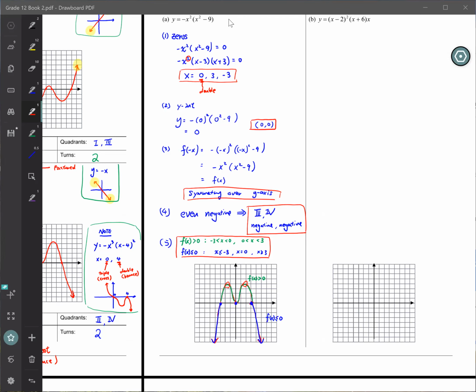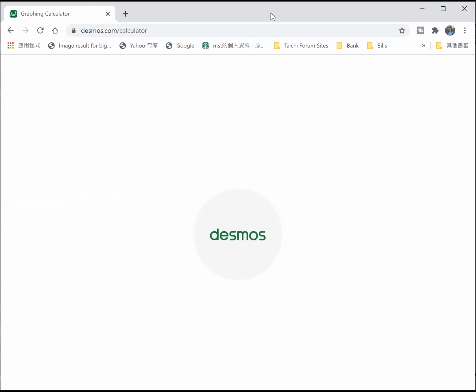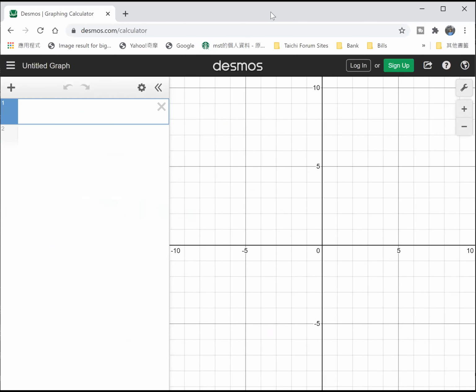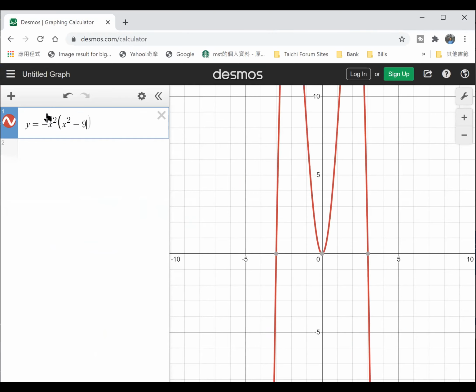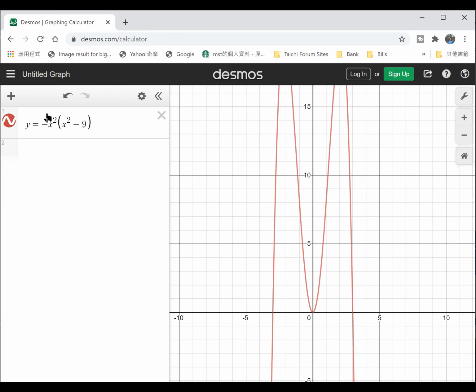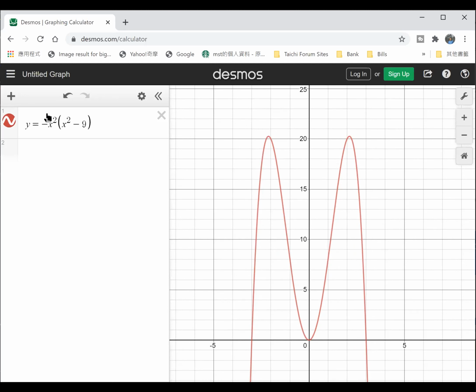Okay, you guys can all see the graphing site now. The function we are graphing is y equals negative x squared minus 9. Once you type it out, we want to find the highest place.